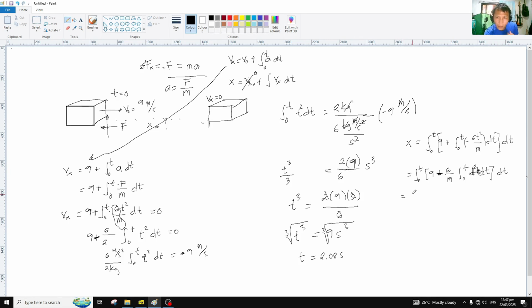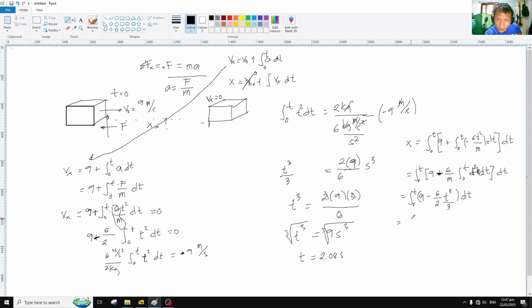So you have 0 to t, 9 minus 6 all over 2. And then the integral of that would be a t cubed. Actually, I've solved it already on that side. t cubed, all over 3. But still, that is a function of dt.